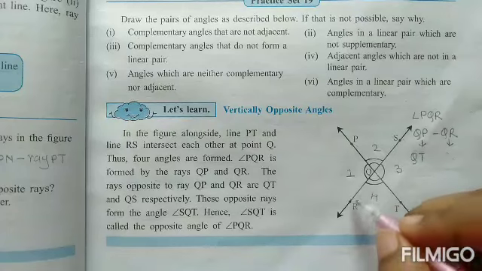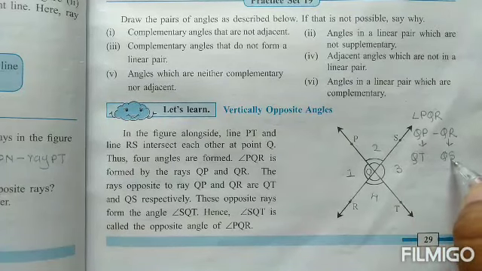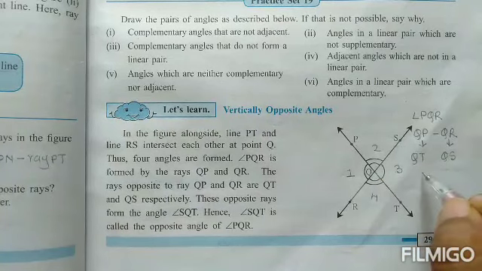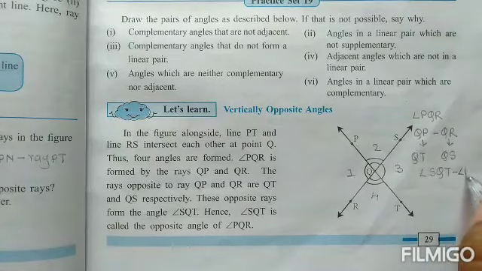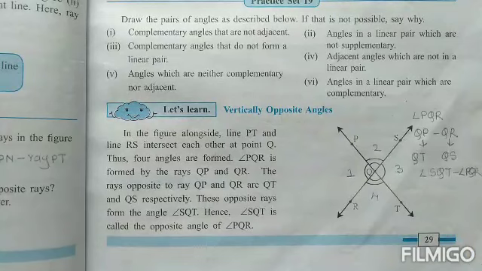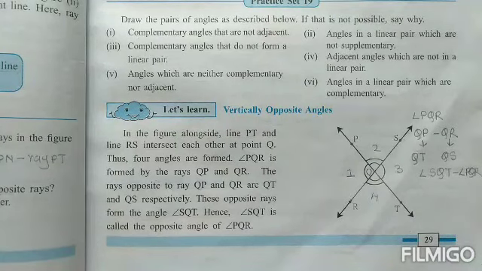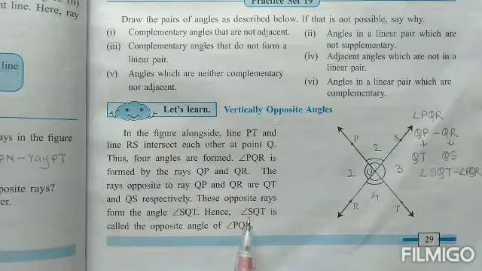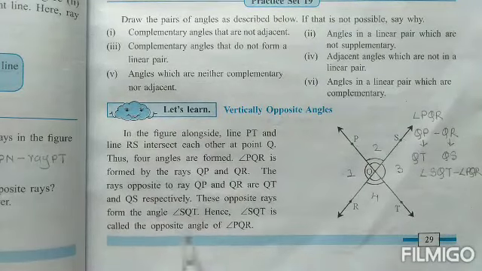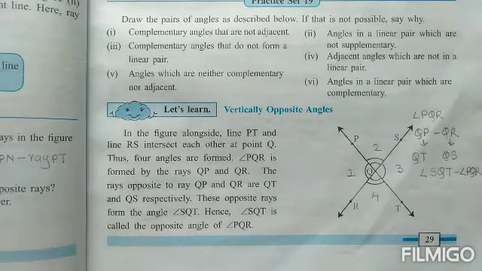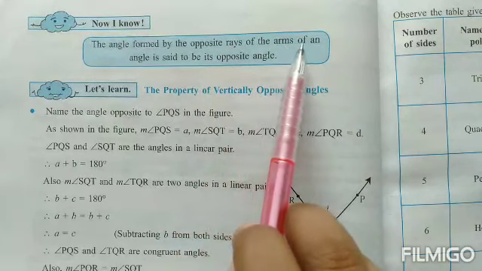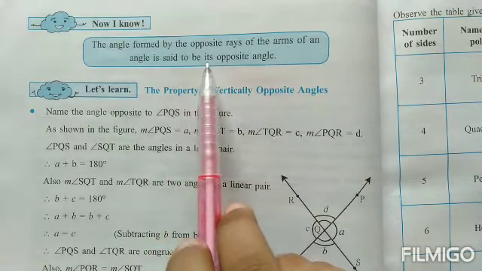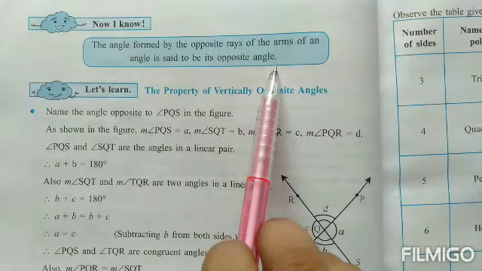What is the opposite ray of QR? QS. So QS and QT form the angle SQT. So angle SQT and angle PQR are opposite angles. Angle SQT is called the opposite angle of angle PQR. The angle formed by the opposite rays of the arms of an angle is said to be its opposite angle.